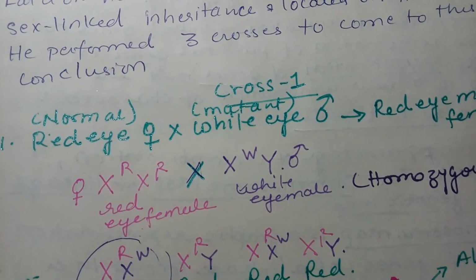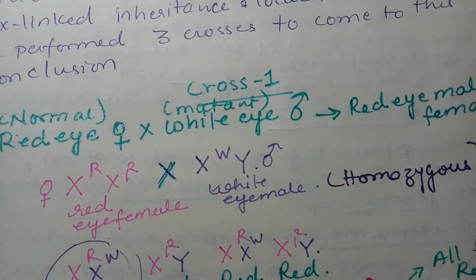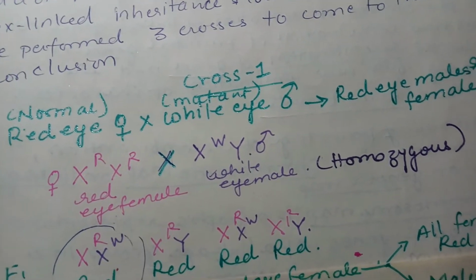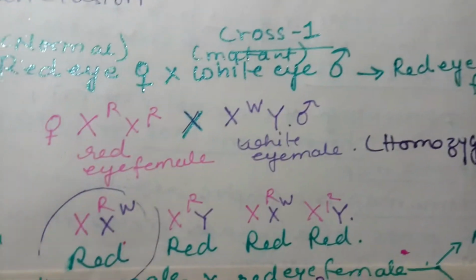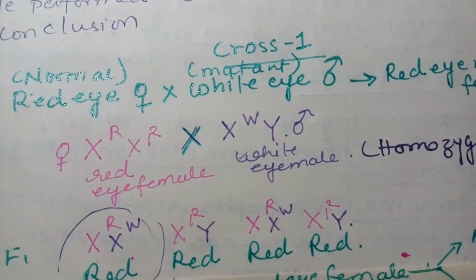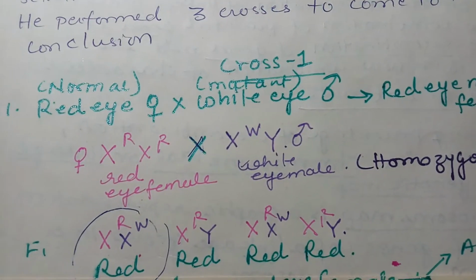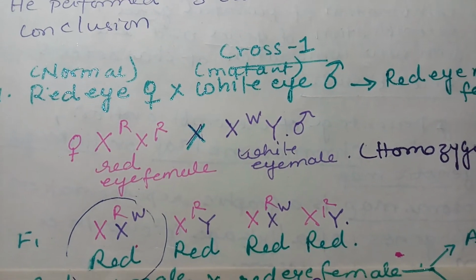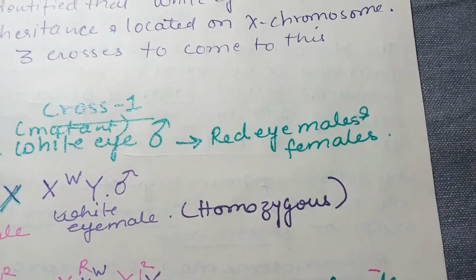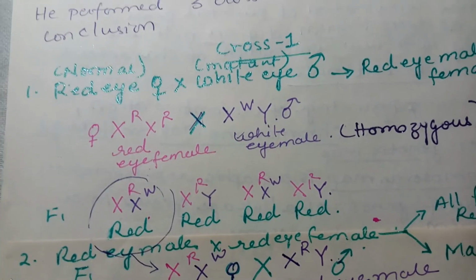The females are homozygous XX and males are heterozygous for the chromosome. But here I'm talking in terms of character, red eye and white eye, homozygous characters. So male and female are crossed. Then in the F1 you'll get all the males and females red-eyed.